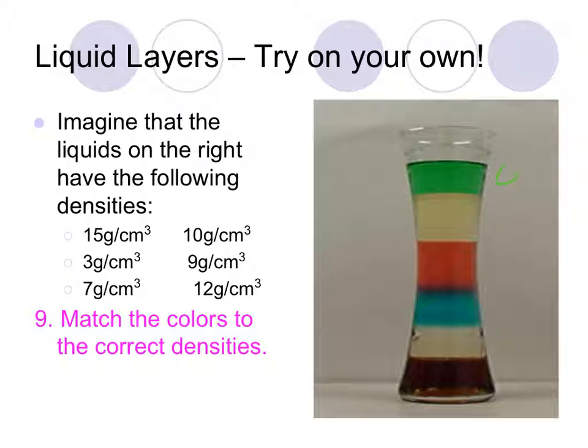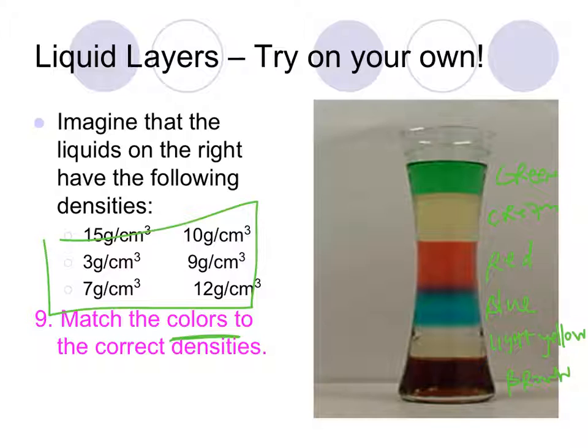So we'll say that this is green, we'll call this cream, red, blue, we'll say that this is maybe kind of light yellow, and brown, so you know which numbers to match with which colors.